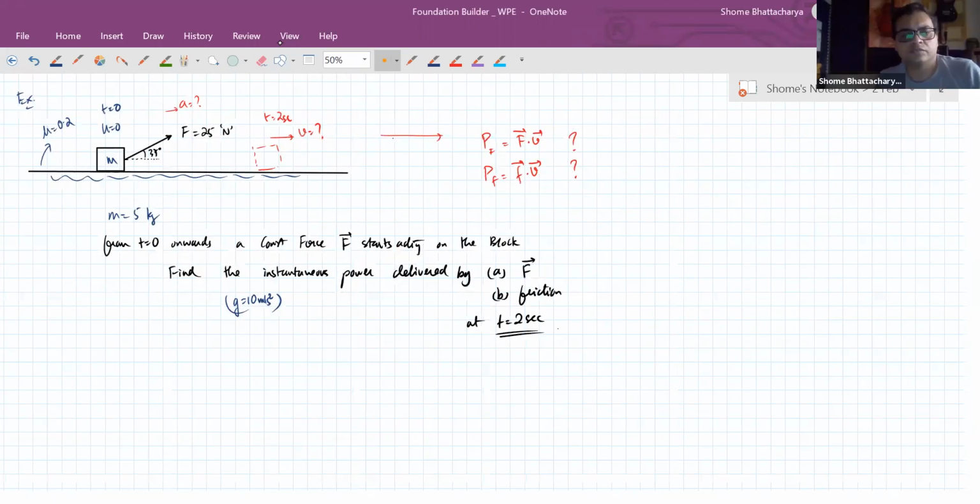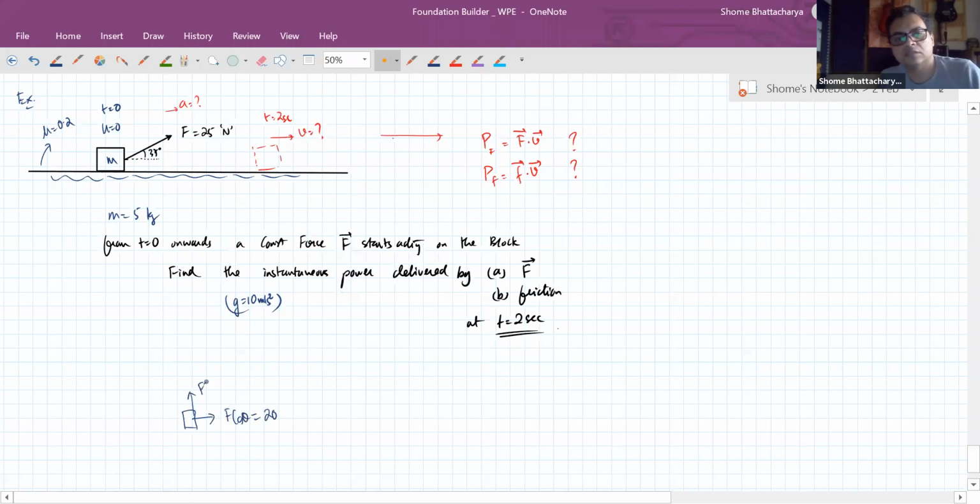Okay, people, let's find out the values here. So first thing, as I said, you have to find out the acceleration. So for that, you need to resolve the forces. F cos theta here will become 20 newtons. F sin theta, when you resolve, will become 15 newtons. So the normal reaction will be equal to the weight minus F sin theta.